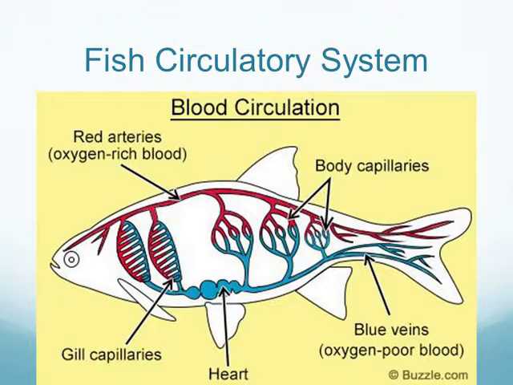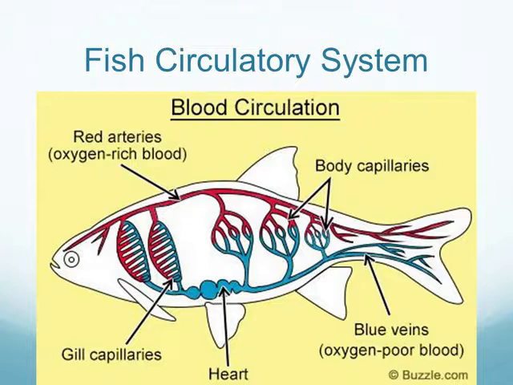So next, the circulatory system. The fish's circulatory system starts off with the gills. Okay, so everything starts at the gills. This is where your oxygen is brought into the body. As you can see here, you have the red areas, which are oxygen rich.